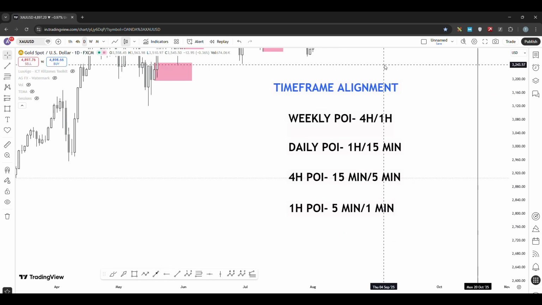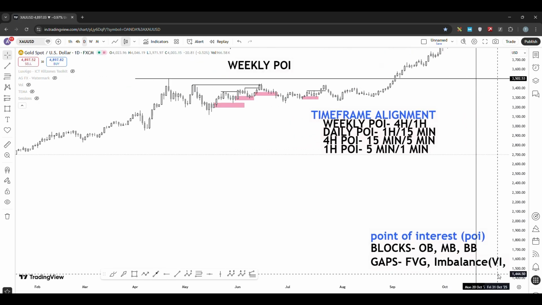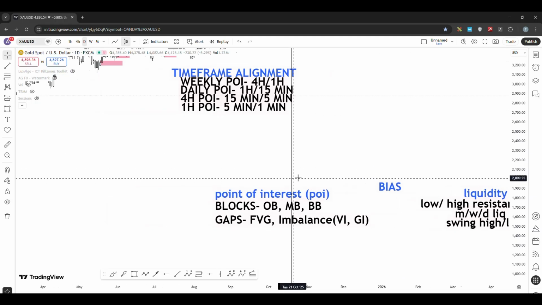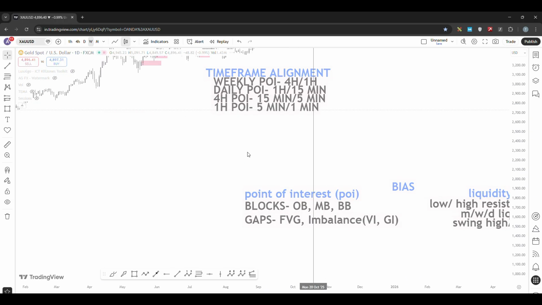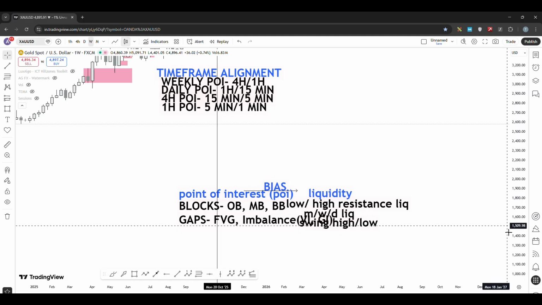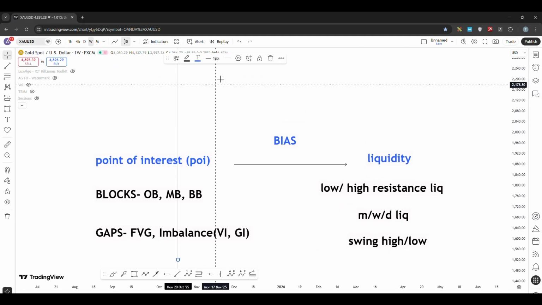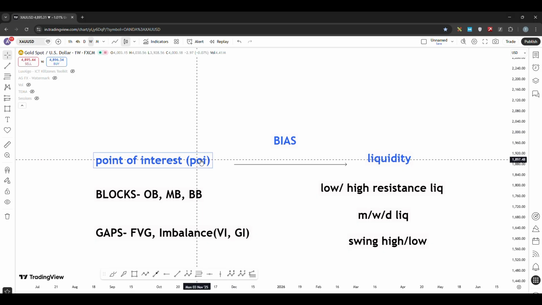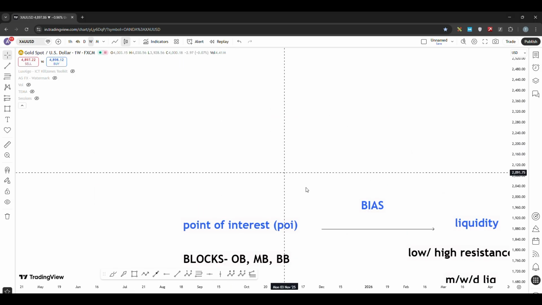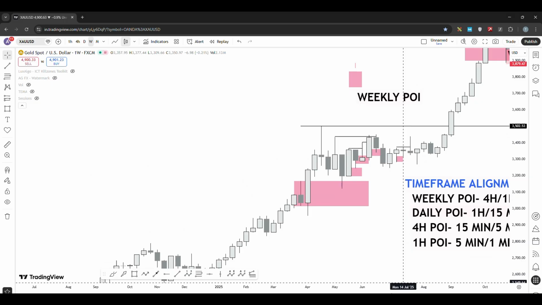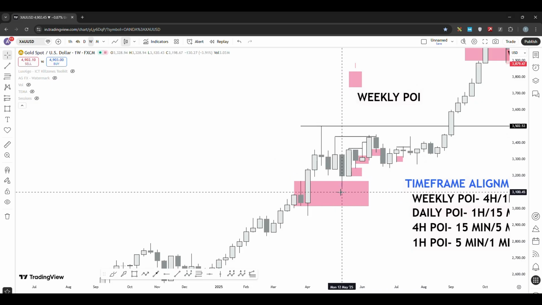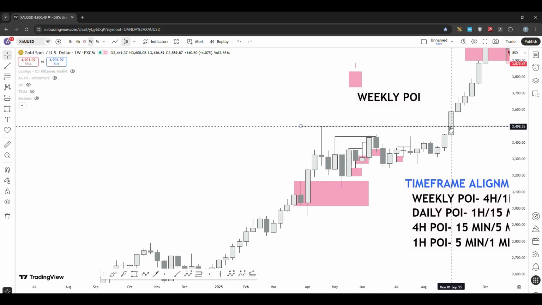Remember that market always moves from a point of interest to a liquidity. Now, this is for any kind of market, doesn't matter whatever you trade. This is the basic market structure, how market moves from a point of interest to a liquidity. So in all of the examples that I've shown you, market moved from the weekly point of interest to the weekly liquidity.